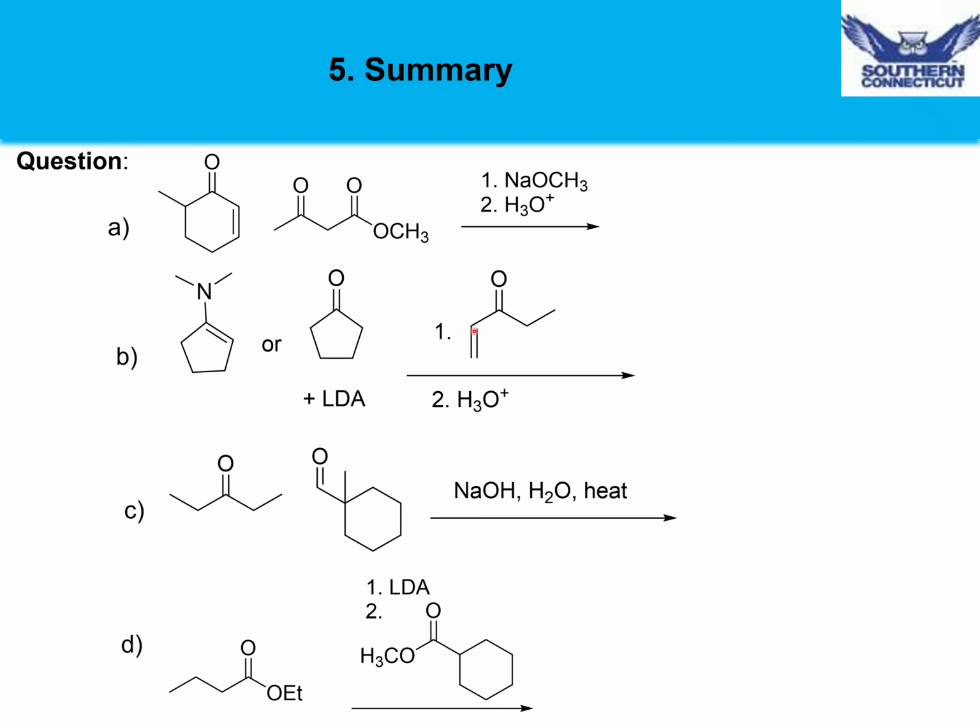And then we're going to mix either of those two with an alpha beta unsaturated ketone. In the third reaction, we're using a ketone and an aldehyde plus base, and then we're heating the reaction. In the last reaction on this slide, we're using an ester, adding LDA to it, and then mixing that with another ester.